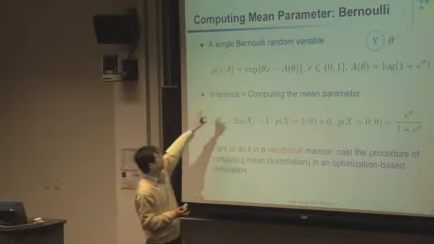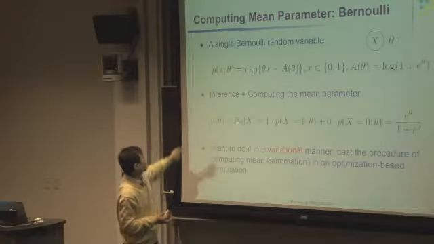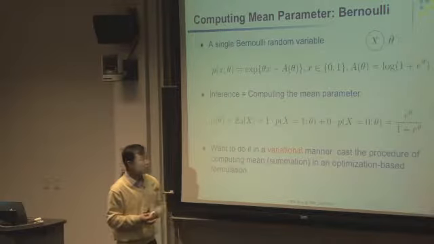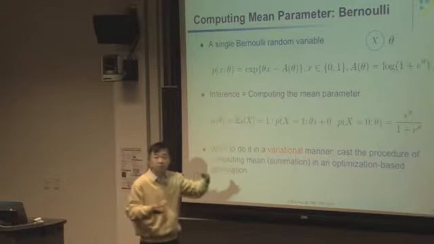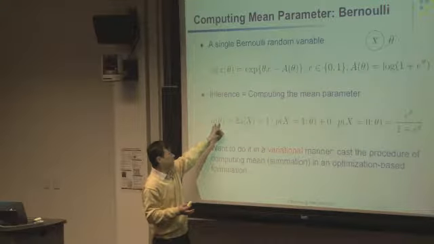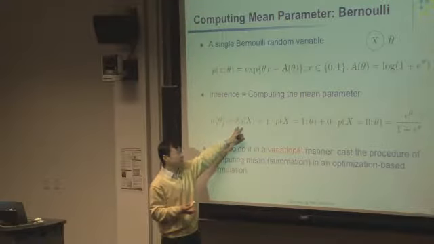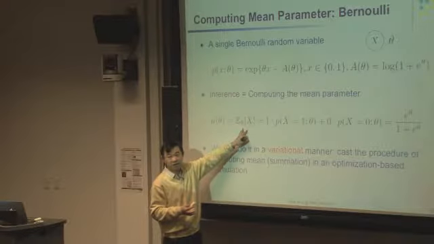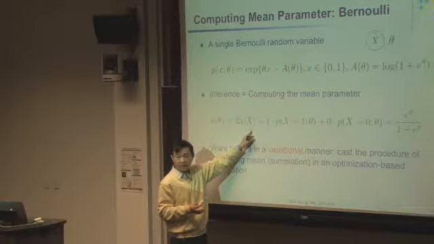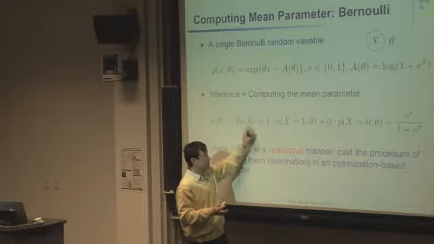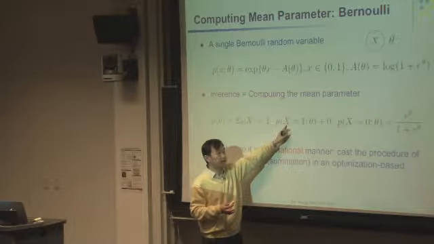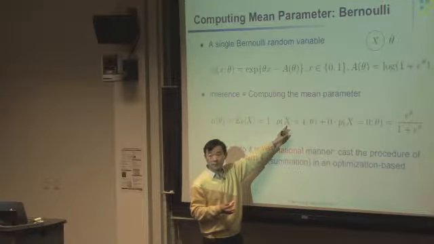All right, so just to make clear, we have the distribution like that, and the inference is about computing the mean parameter, because the mean parameter corresponds to computing the marginal distribution, right? By definition, it is equal to taking the expectation of the sufficient statistic. The sufficient statistic itself is an indicator function. Therefore, this corresponds to computing the marginal distribution of the one state, right?